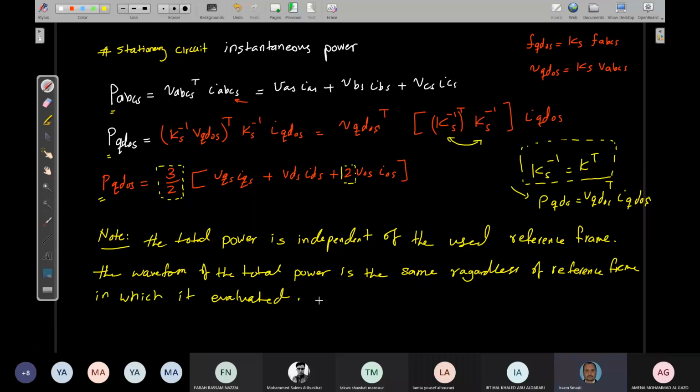Good. This is very important. If I'm changing the reference frame, I'm not changing what? I'm not changing the power. Otherwise, I'm changing the system.